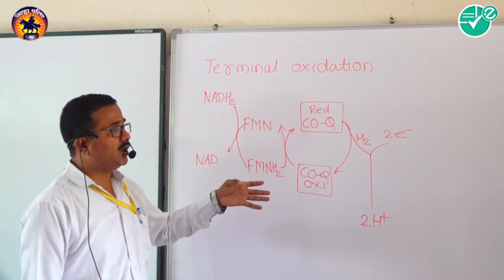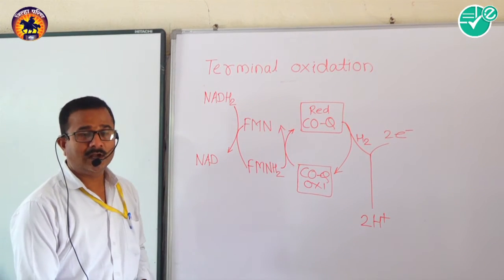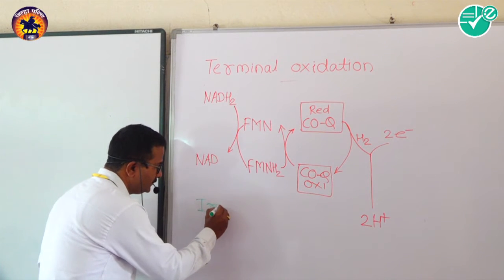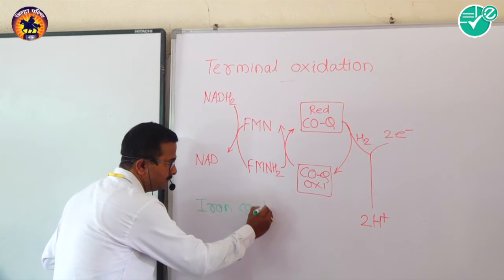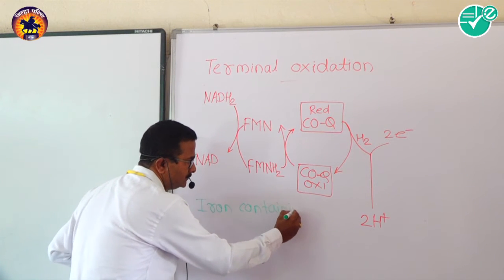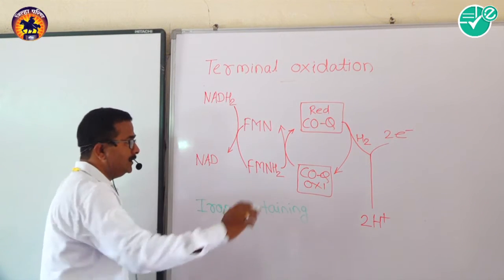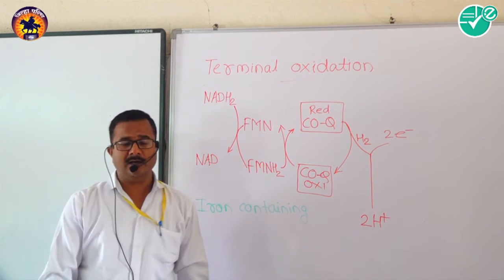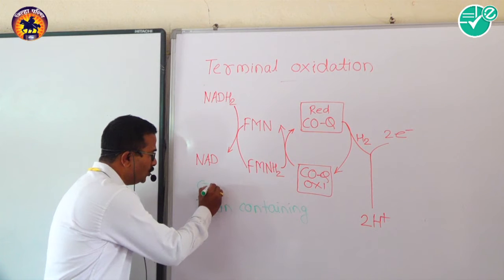Now these electron acceptors are the iron containing substances. These are the iron containing substances called the cytochromes.